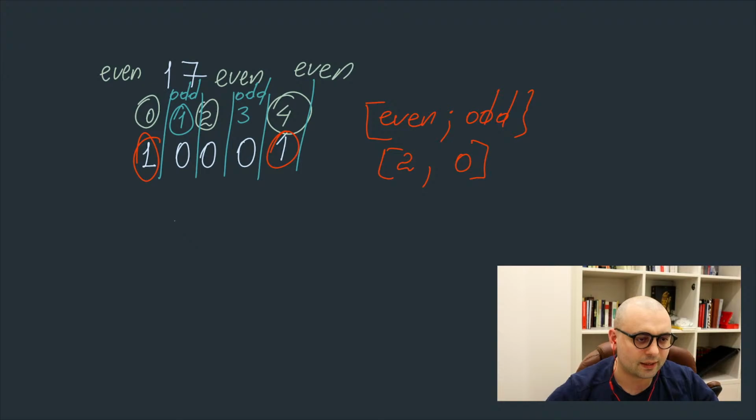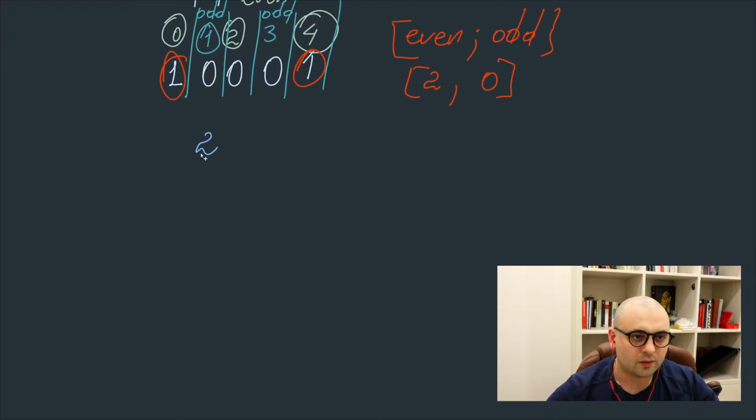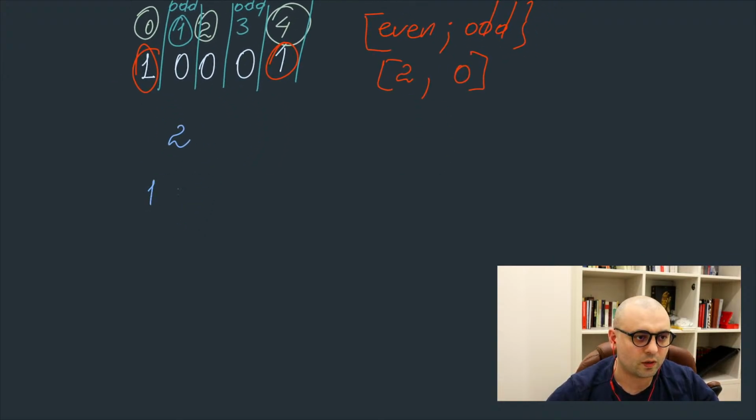So if you go with the second, 2 being 1 0, then we have 0 1, so this will be even, this will be odd. So even will be 0.